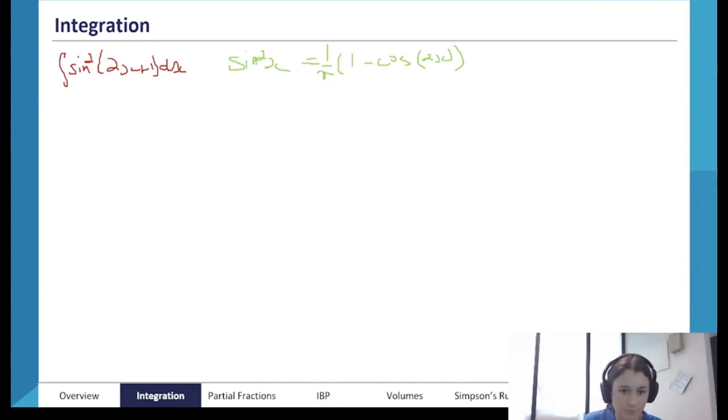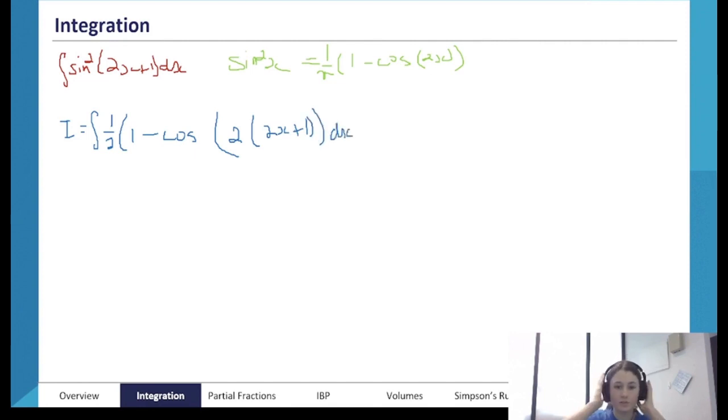So our integral is going to be the integral of a half, 1 minus cos outside of 2x plus 1.